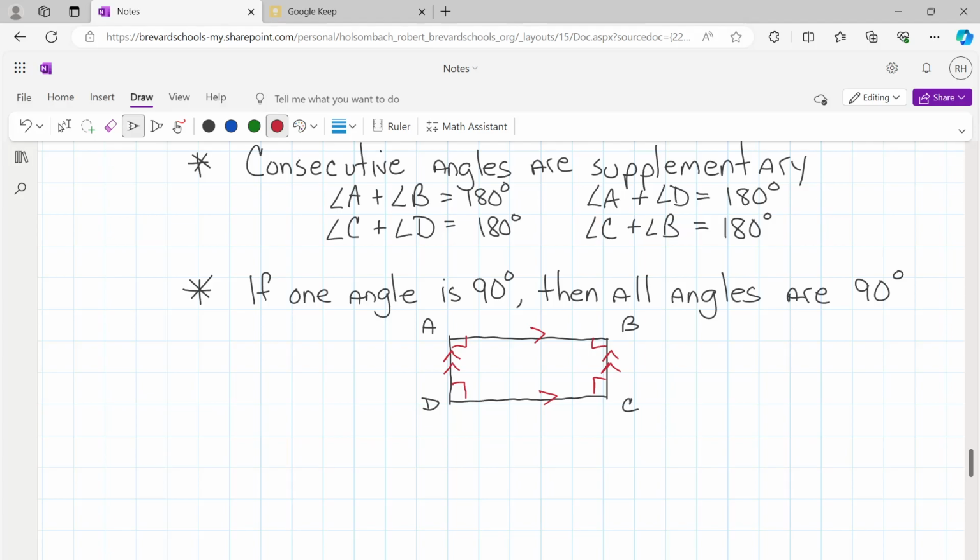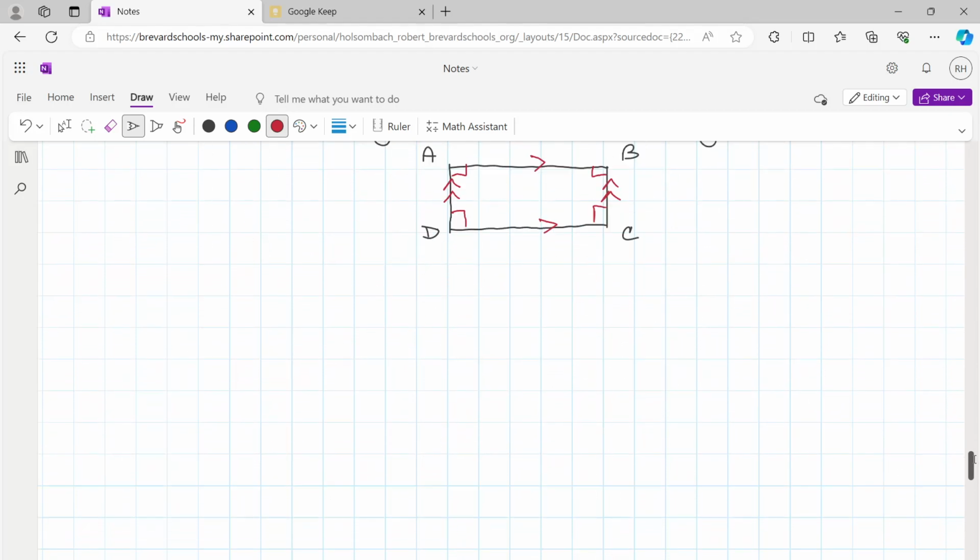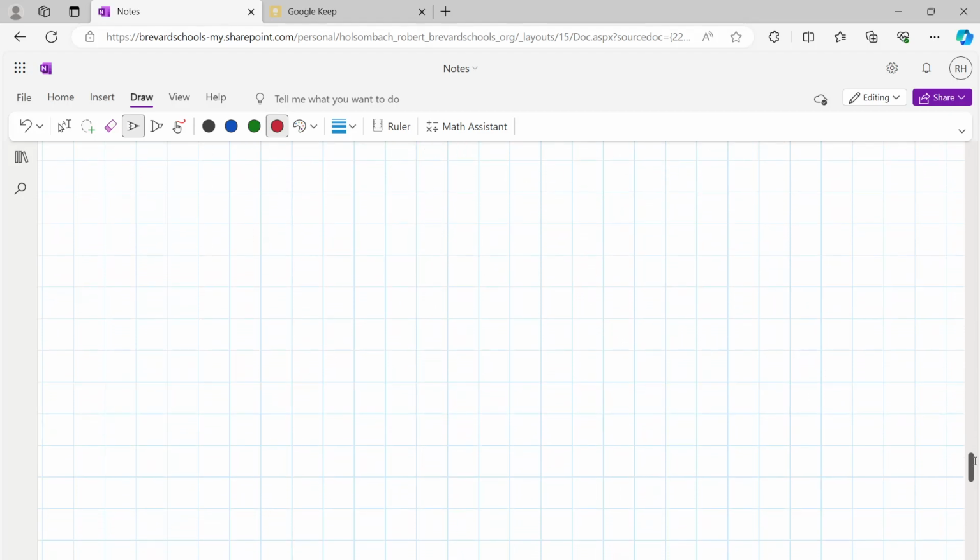All right, two more rules related to parallelograms. There's a lot going on here. Diagonals bisect each other.